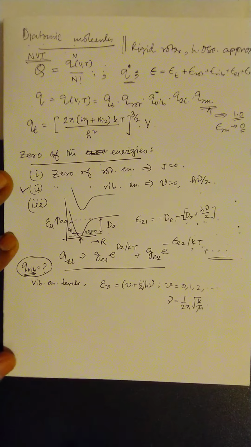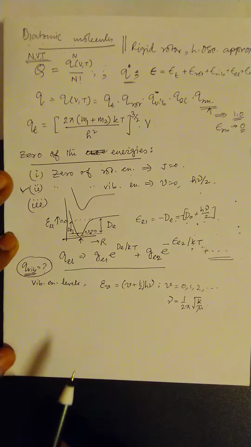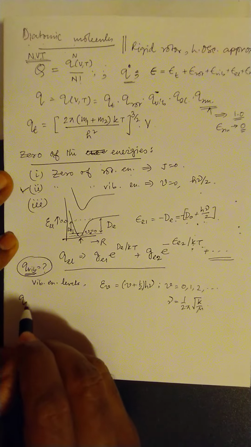So k is the force constant, mu is the reduced mass, you know all this. So we are using this expression to find Q vibrational.